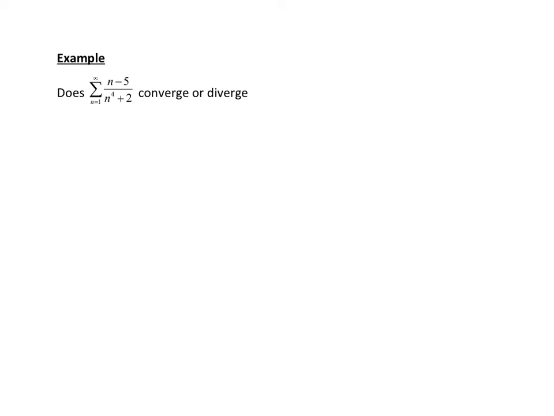So let's look at a slightly different one that's going to require just a little bit more thought. So we know n is going to infinity. So at a certain point, this negative 5 and plus 2 really don't matter, because this thing is so big that subtracting 5 and adding 2 essentially does nothing. So let's start first by acknowledging as n approaches infinity, n minus 5 over n to the 4th plus 2 behaves like n over n to the 4th.